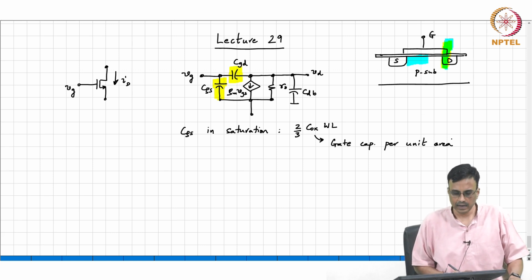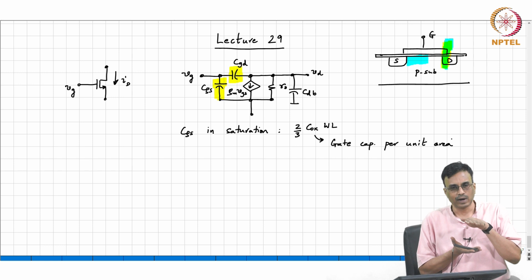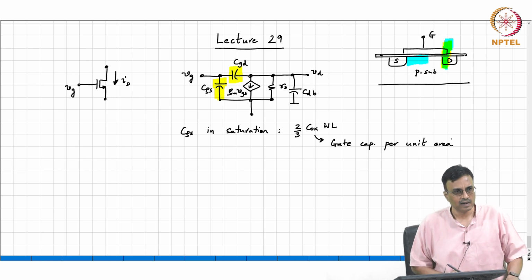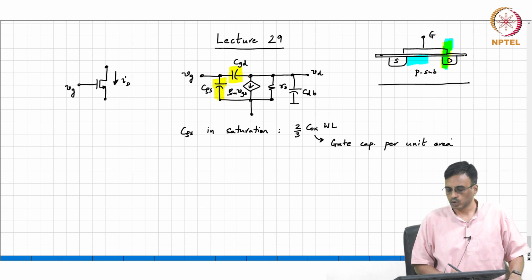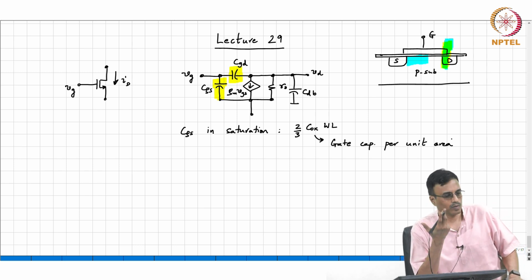And CGD in saturation is due to the overlap between the gate and the drain terminal, and is expected to be somewhat smaller than CGS. To get exact values of these, you have to know the device geometry carefully and then do the device physics properly.